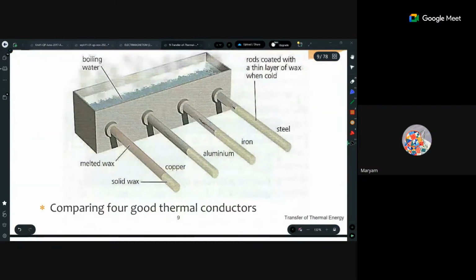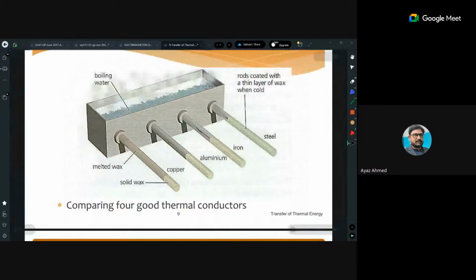Check this one out. This is a test of the conduction, where there are different metals. One is made up of copper, second is aluminium, iron and steel. Those metals which are good conductors are all connected with the boiling water.